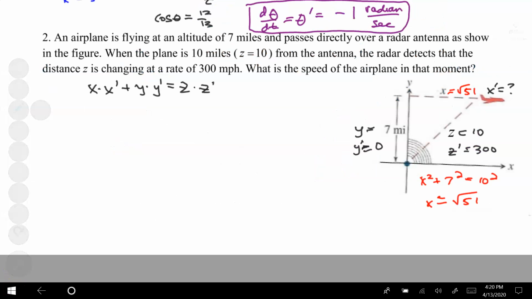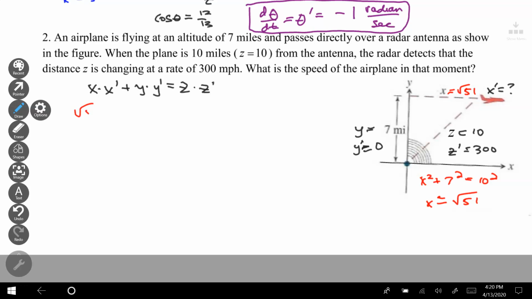So the next problem, of an airplane flying over a radar antenna: y is 7, y prime is 0 because that distance will never change. z is given at 10. z prime is also given at 300 miles per hour. I use the Pythagorean theorem to figure out x, and I get the square root of 51. And I'm trying to figure out x prime. Again, just going to fill in with what I know.